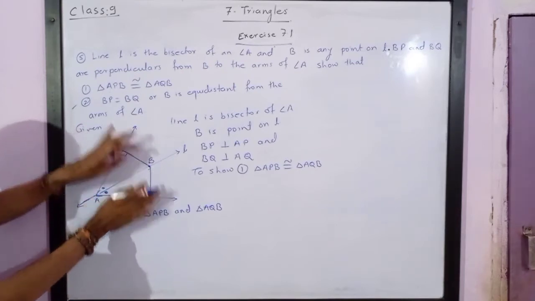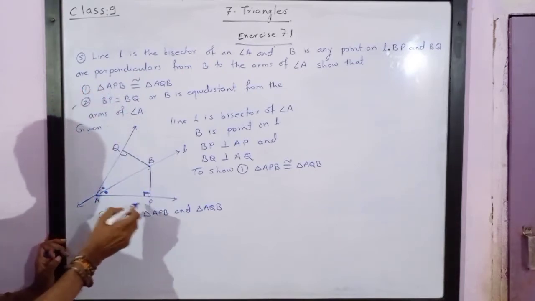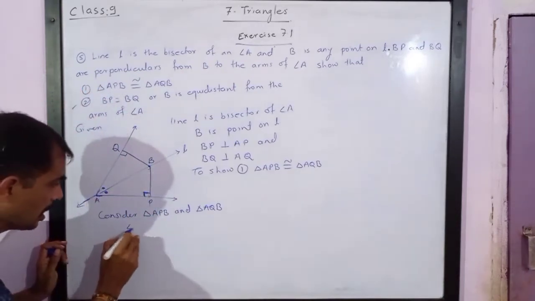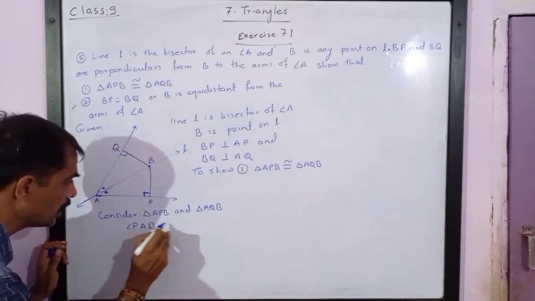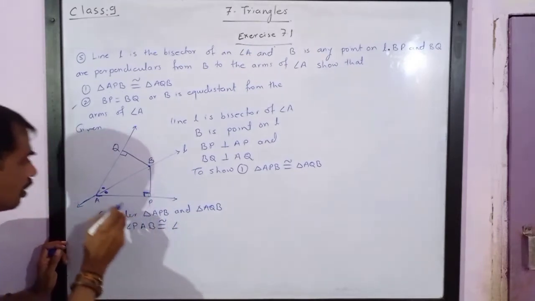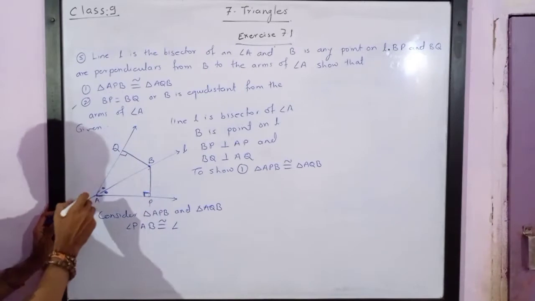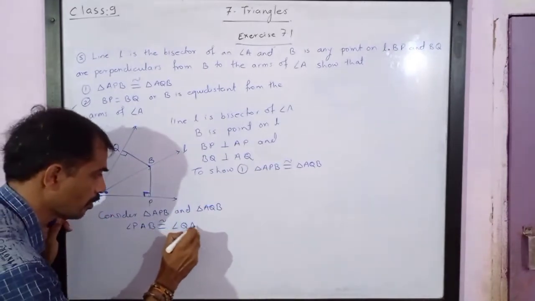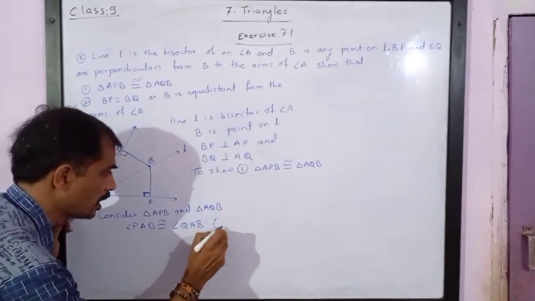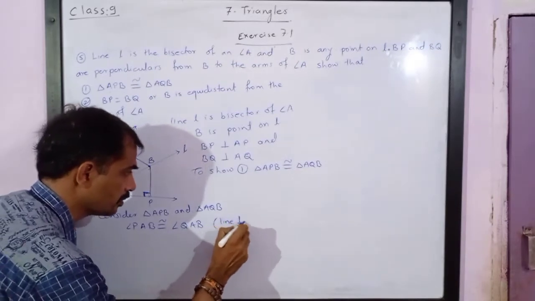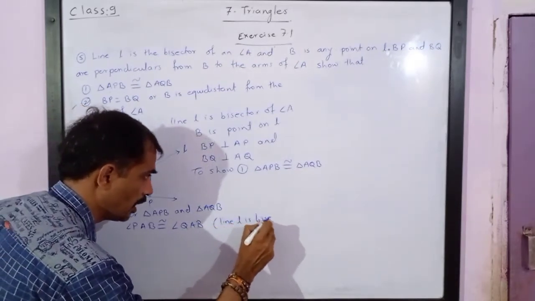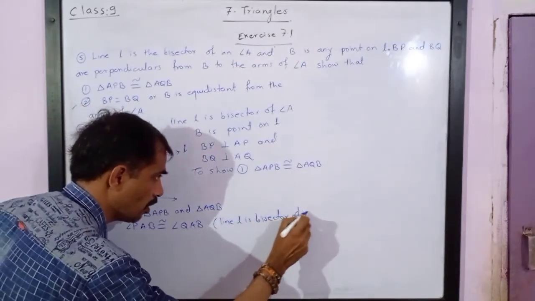It means angle PAB is congruent to angle QAB. Reason is line L is the bisector of angle A.